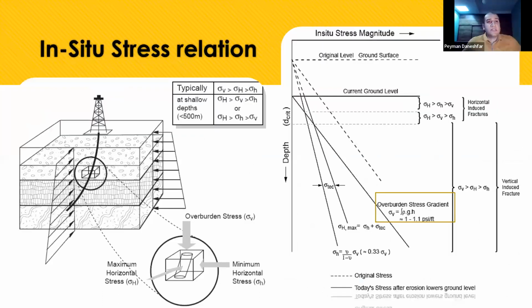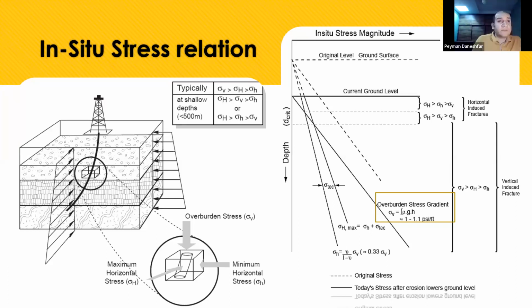For in-situ stresses, we can find some formulas about all of them and some rules. If we are in shallow wells or shallow depths, as you see here, our horizontal stresses will be greater than the vertical stresses.